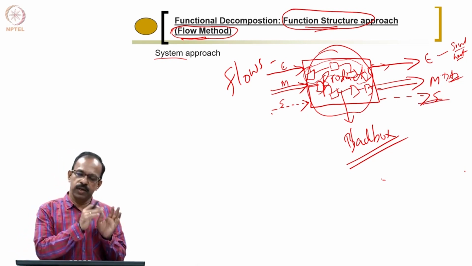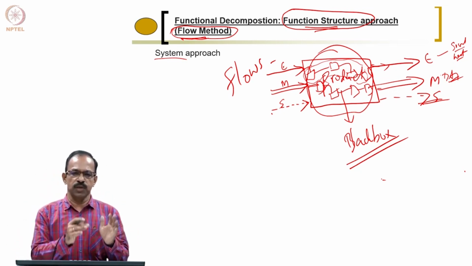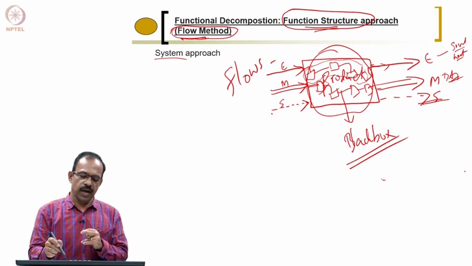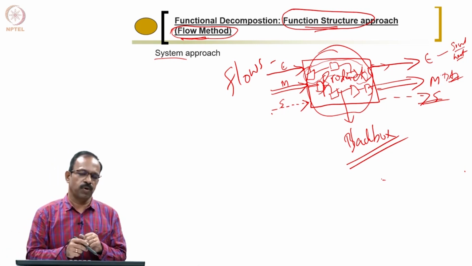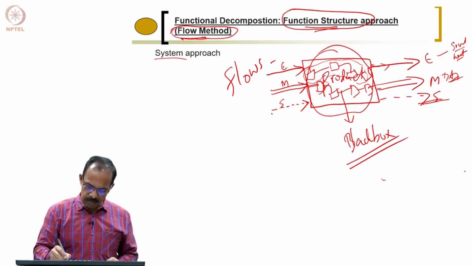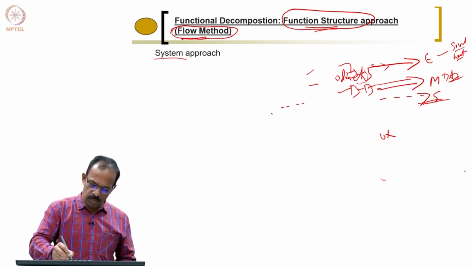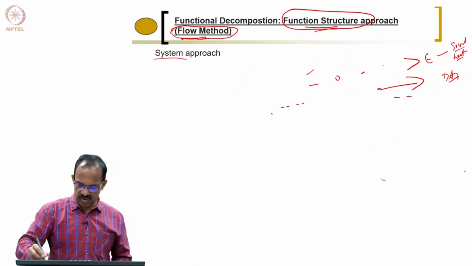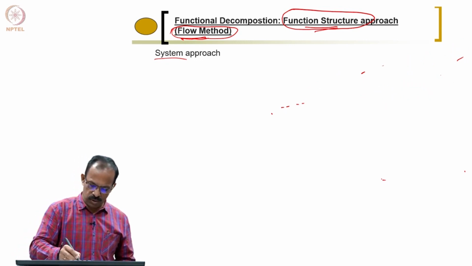So, you will be giving an input and getting an output, and the relation between this input and output, and what is happening to this input as it passes through the product, are the functions in the product. This is basically known as the black box approach for functional decomposition, or the flow method of functional decomposition. We will take a few examples to make it more clear to you.